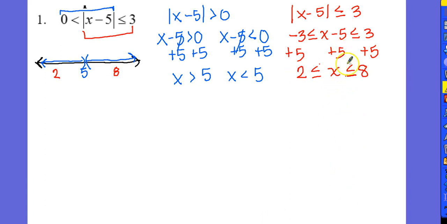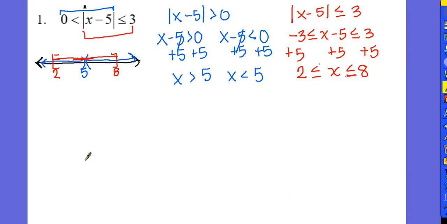So if x is between them, and we have to use brackets, I believe, because of the equal sign, we're looking at this section of the number line all the way through. And people, we're looking for the double intersections.